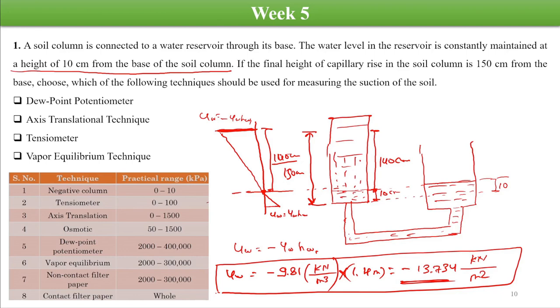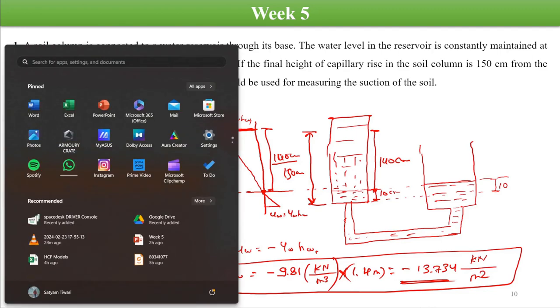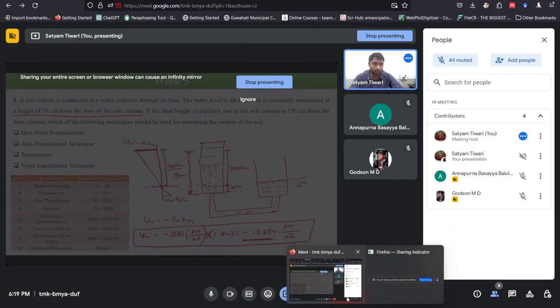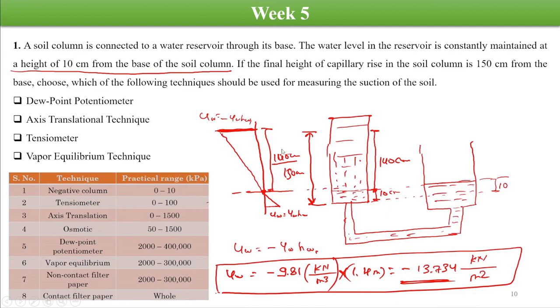So now we again go to the same chart which we have seen in the initial slides, showing what technique can be used at what particular range of matric suction. So at this point we'll see that we need to measure up to 13, and the negative column technique can measure only up to about 10, so we cannot use this technique.